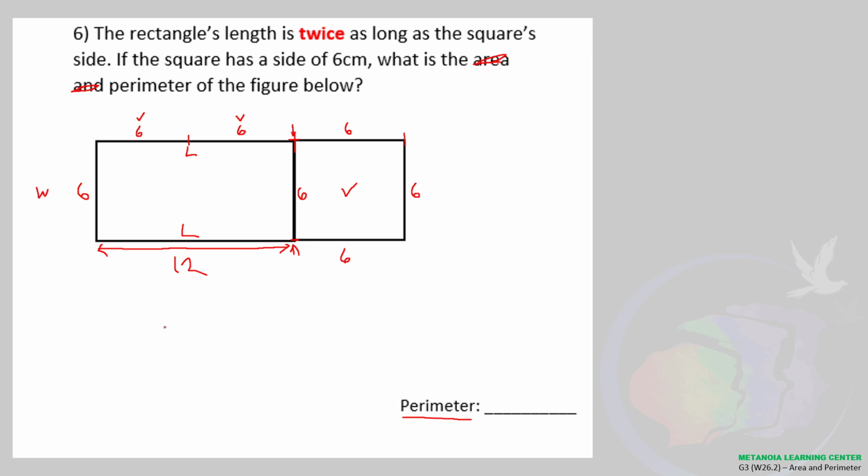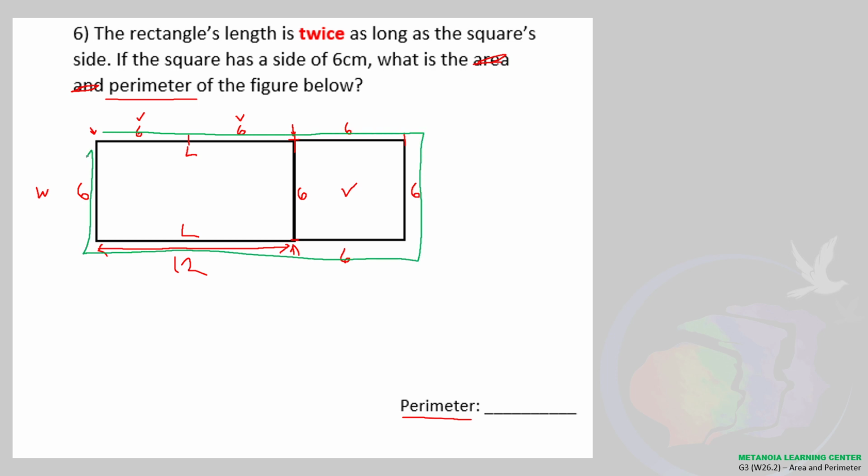Just to let you know, when we are doing combined figures, by definition the perimeter refers to the measurement around the figure. So if you're going to start counting here, at this point, it should be all the way around the figure.